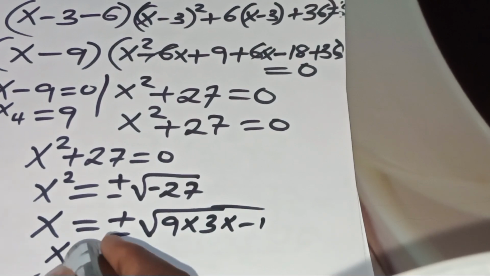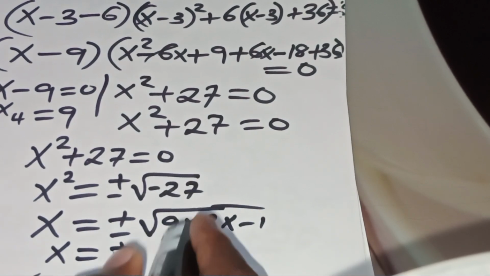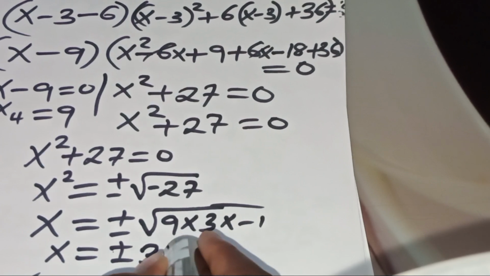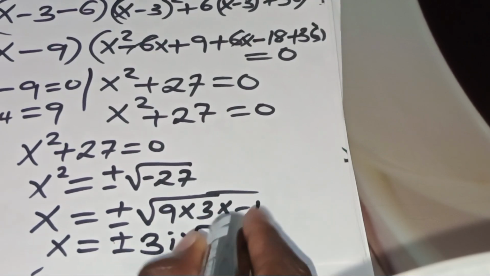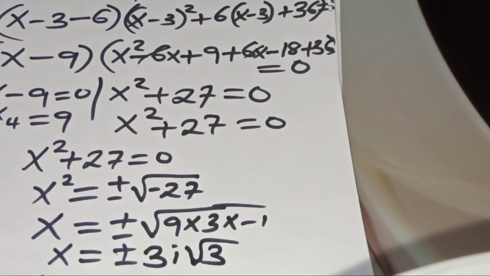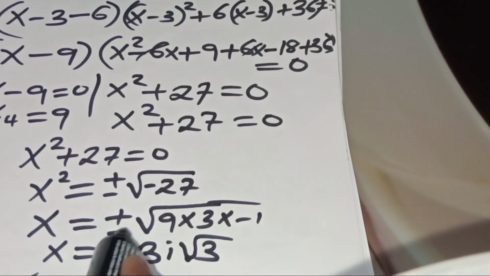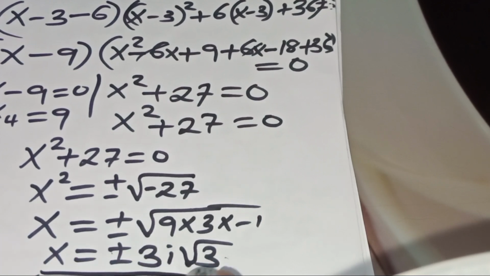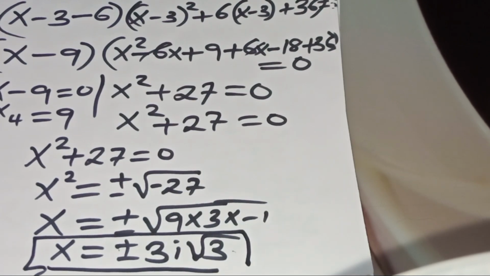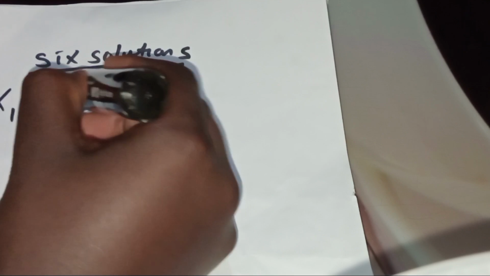And that means that x is equal to plus or minus 3i square root of 3. Now this is again two complex roots.